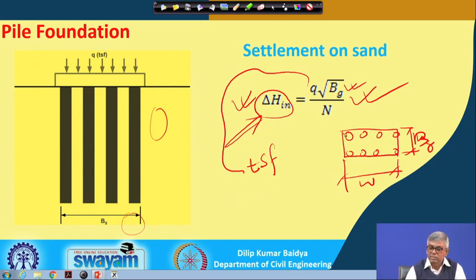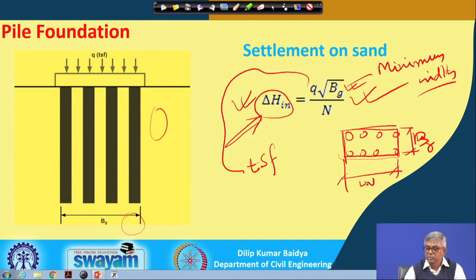And how to get the block? As I have shown, you have to draw a tangent to the outer row of the piles, from this direction and from this direction, and then whatever area you get, from there you will get the width and length, and then q multiplied by square root of Bg divided by N, and Bg should be the minimum width.